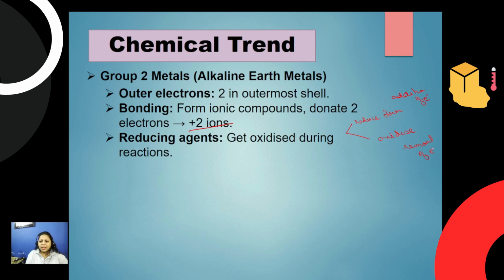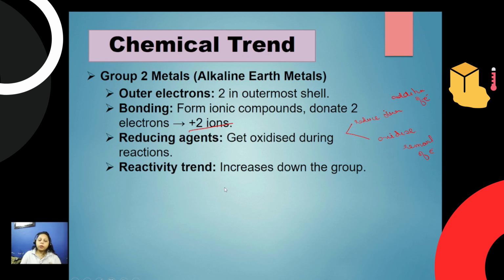As you can easily see, these form plus two ions, dipositive ions. It means that they are giving electrons, the electrons are removed, so they basically get oxidized. So these are reducing agents, which oxidize themselves but reduce others. Reactivity increases down the group, and we have discussed the reasons in detail.